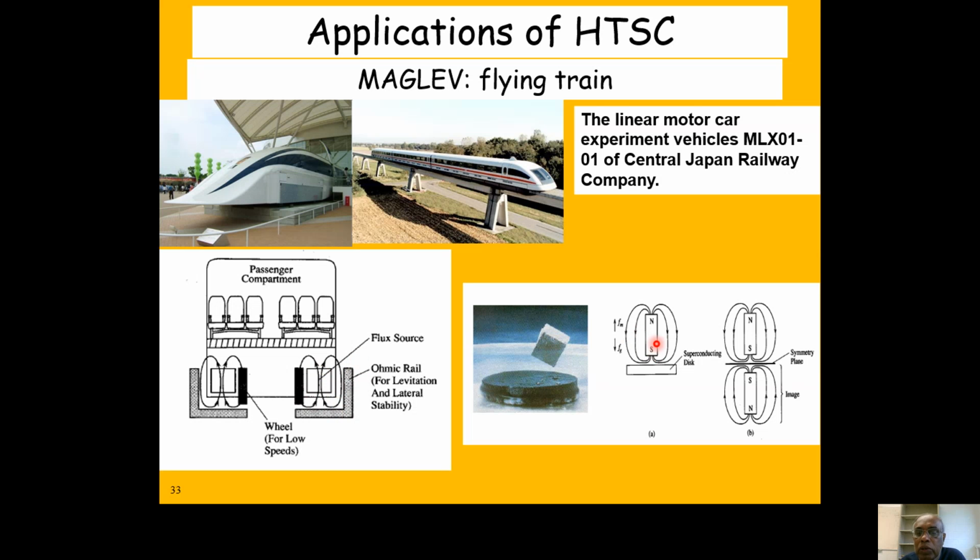That happens because this small magnet has flux lines coming from it, but since this is a superconductor, we know the Meissner effect, so you cannot have these magnetic flux lines penetrating through the superconductor. So they are going to be expelled.